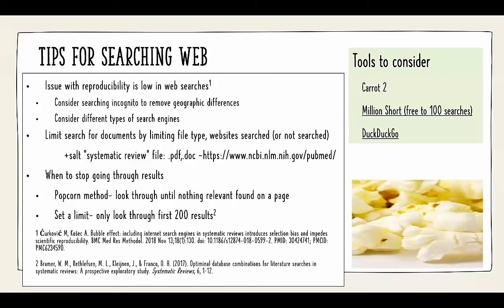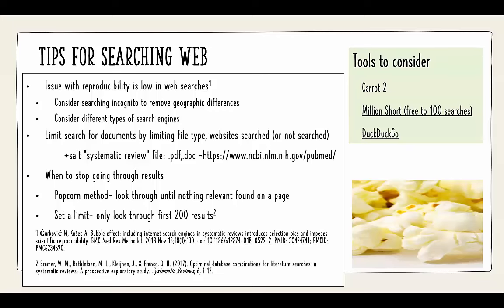Then there's ways of limiting down those searches, maybe to just PDFs. In this case, I added a little line there that I use when I don't want to see anything from PubMed in my search, and so I put that minus there in PubMed. So there's different ways that you might get at that.